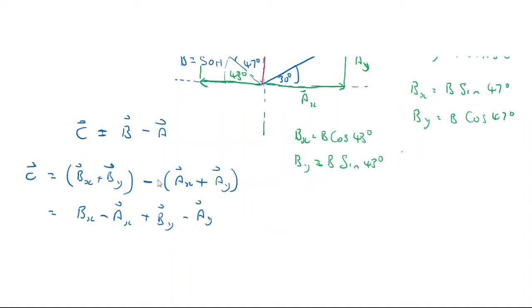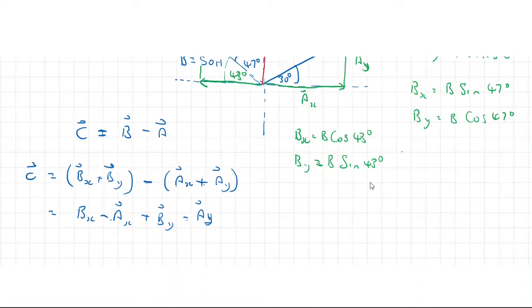Right, so you just multiply this minus. This is minus multiplied by ax, which is going to be minus that. Minus multiplied by ay, since it's a plus, it's a minus multiplied by plus, which is minus. So you have this minus ay. Okay, so far it looks good.